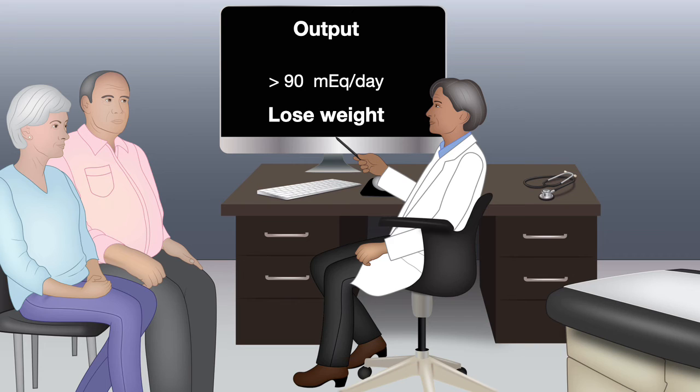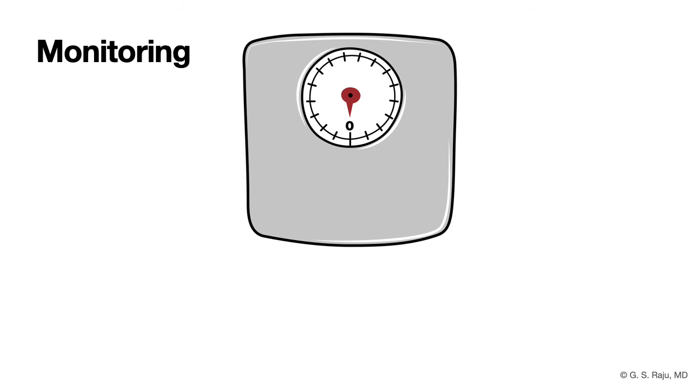So once you advise them about input, output, sodium contents of food, how to prepare food, how to avoid high salt containing foods, and the importance of the balance between input and output and creating a negative balance, how do you monitor whether you're effective in making the patient lose weight?